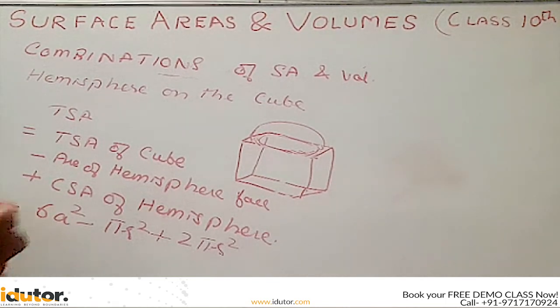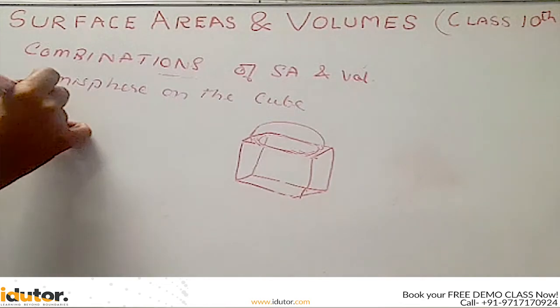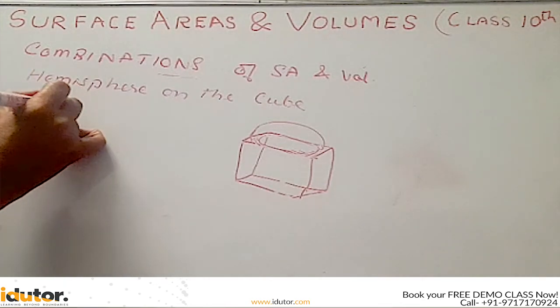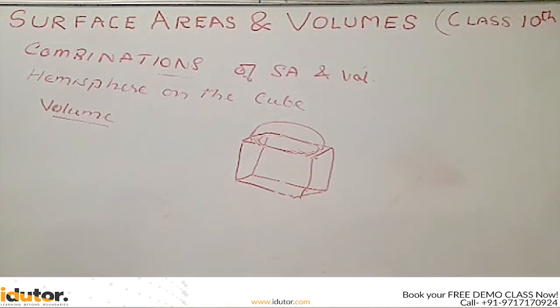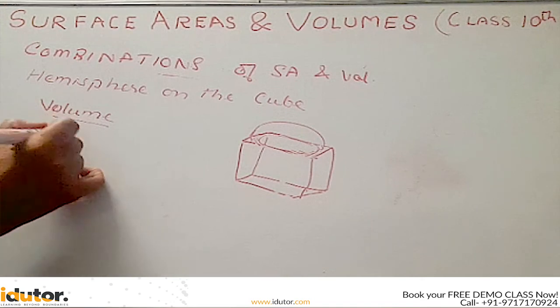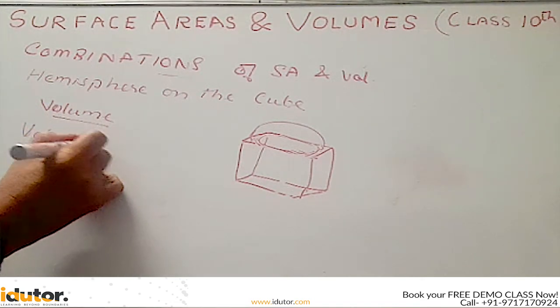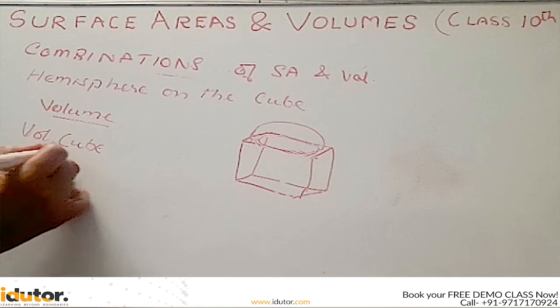Now here, the last part is the volume also. Let us see how to find out the volume. Now the volume consists of volume of cube and then we can say volume of hemisphere also.